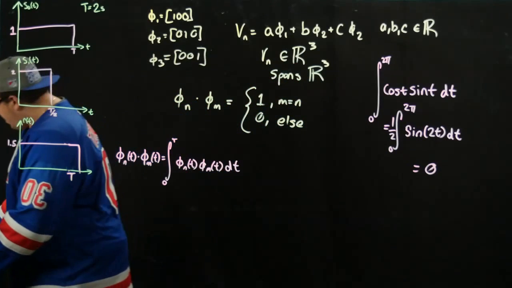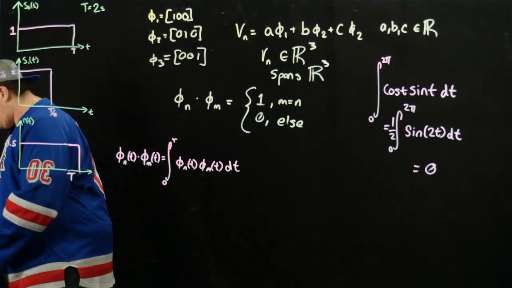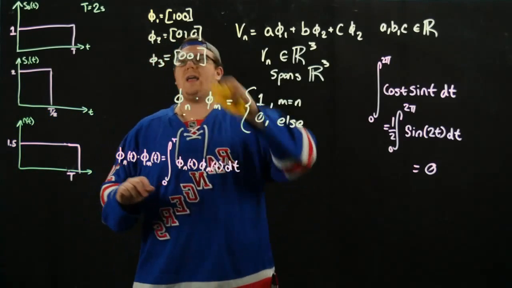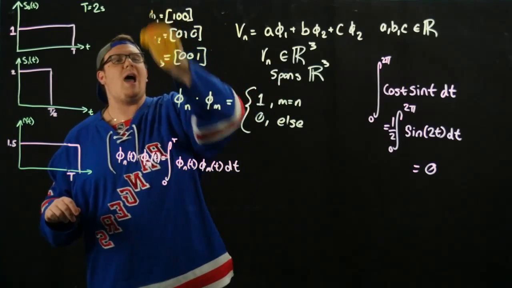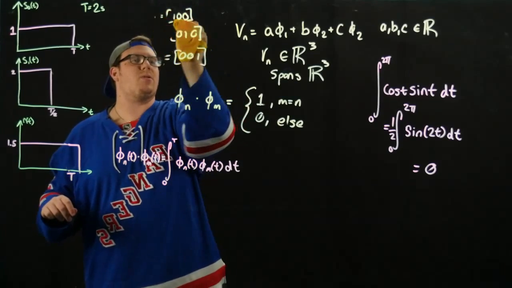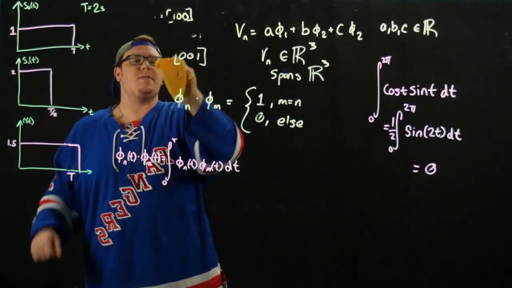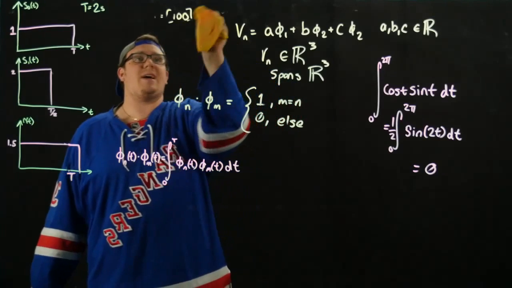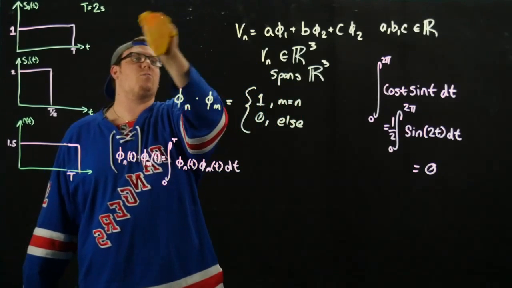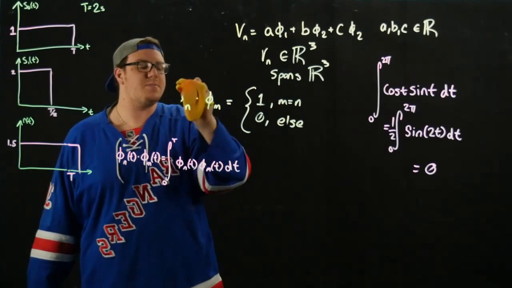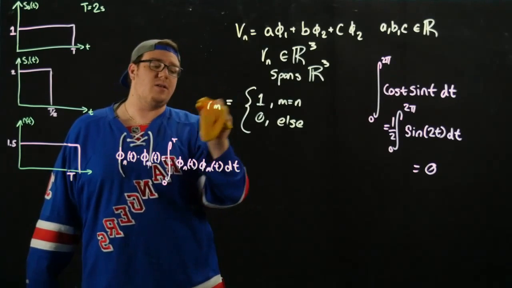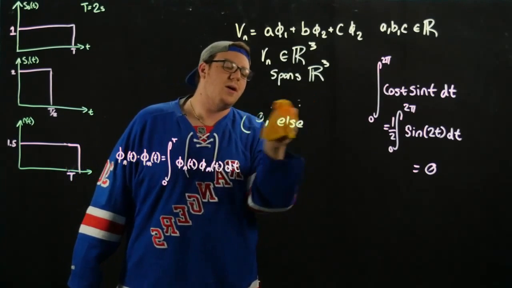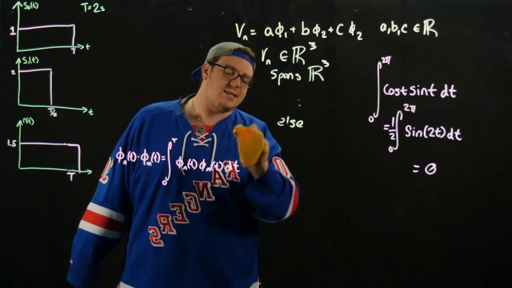The next thing we need to do is create this process for a general signal set. Once we have this dot product defined, there's something called Gram-Schmidt orthogonalization, which is just a process of making right-angled orthogonal vectors. You should have learned it when you learned basis sets in linear algebra, but if you didn't, that's fine.